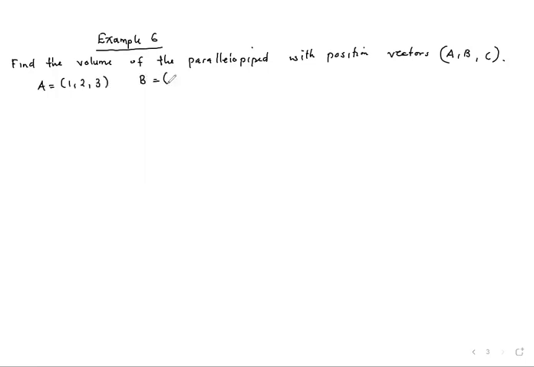B is equal to (3, 0, 6). C is equal to (7, 1, 9).